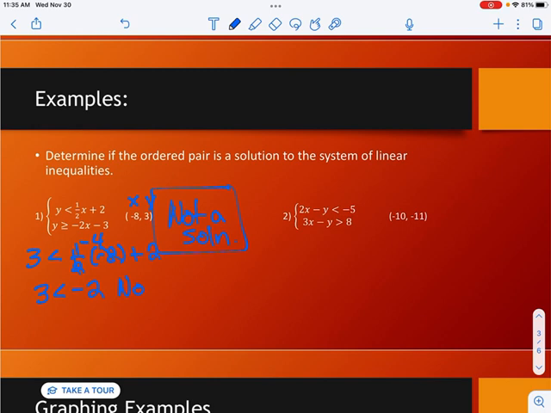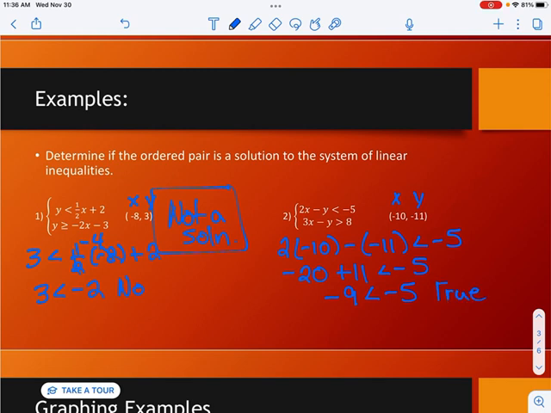Okay, let's try the second one. So remember, again, this is my x, this is my y. So it'd be 2 times -10 minus -11. And is that less than -5? We'd work that out and get -20, that turns to plus 11, less than -5. That gives me -9, less than -5. That is true.